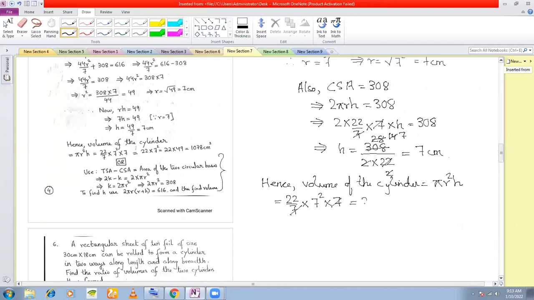Cancel this, you get 22 into 14, which is equal to 308 centimeter cube. So that is the required volume of the cylinder.